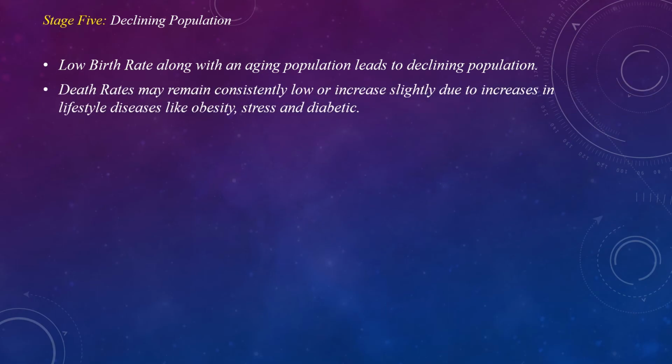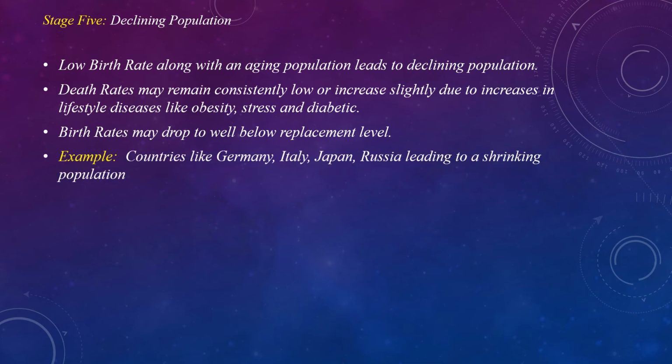Second, death rate may remain consistently low or increase slightly due to an increase in lifestyle diseases like obesity, stress and diabetes. Birth rate may drop to well below replacement level. For example, countries like Germany, Italy, Japan, Russia, leading to a shrinking population.